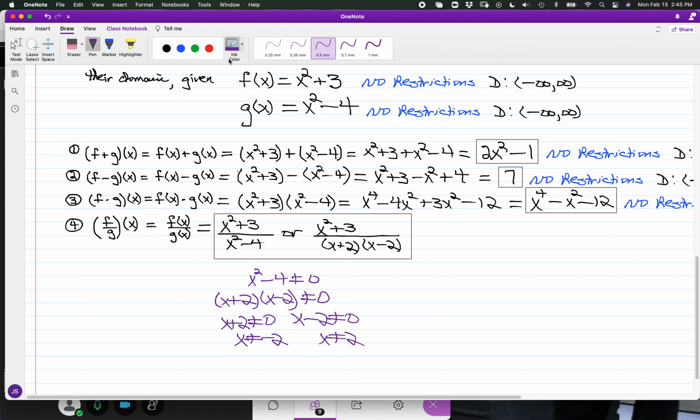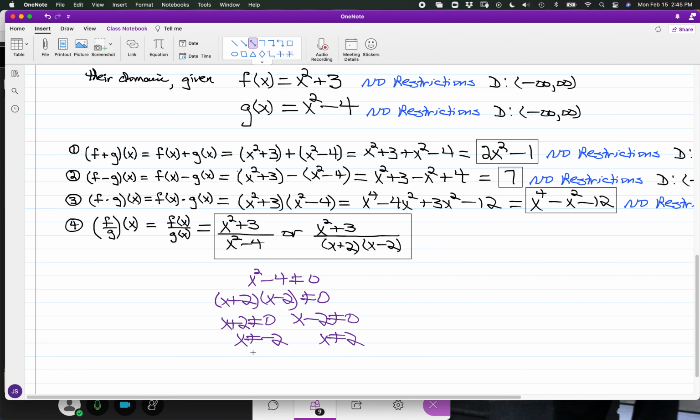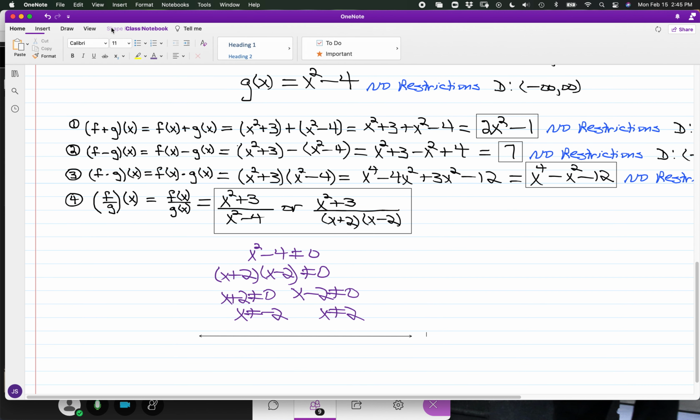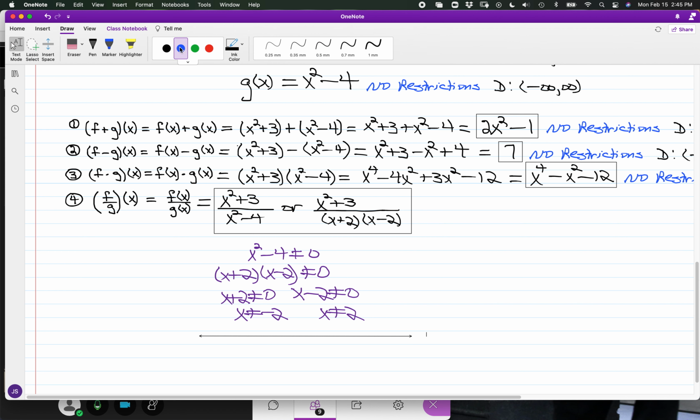Looking at what we have excluded from the domain of the quotient function, negative 2 and 2 are going to be left out. So we have holes at negative and positive 2.